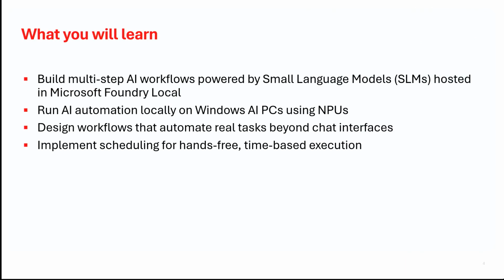So what we expect all of you to walk away learning are 4 things. First, you build a multi-step AI workflow that are powered by small language models. We have the capability to build these automated workflows for different kind of enterprise scenarios for different industries. However, we will showcase one example using a Jira workflow today.